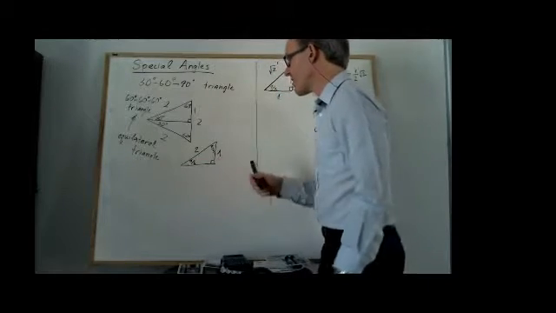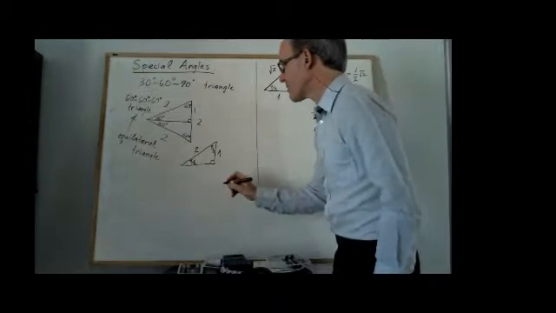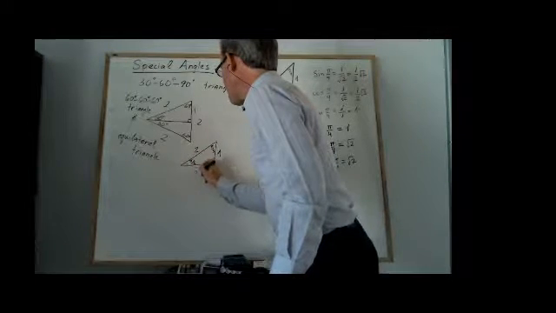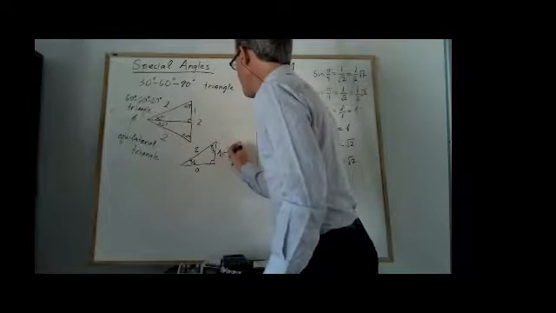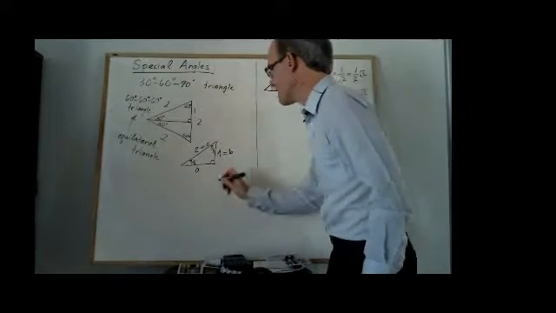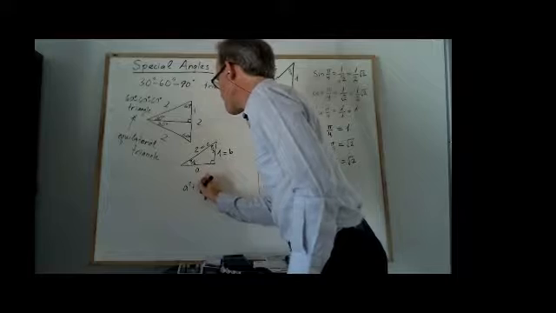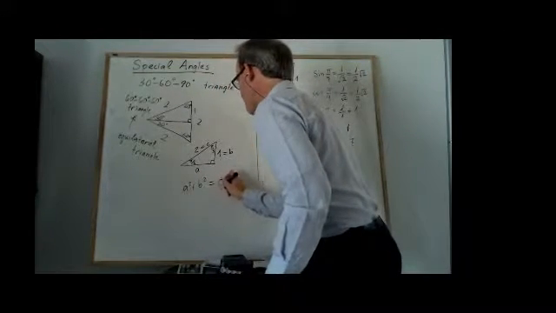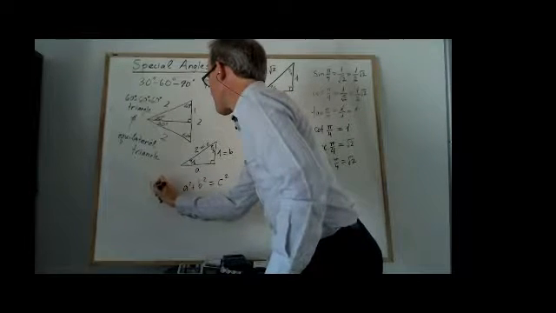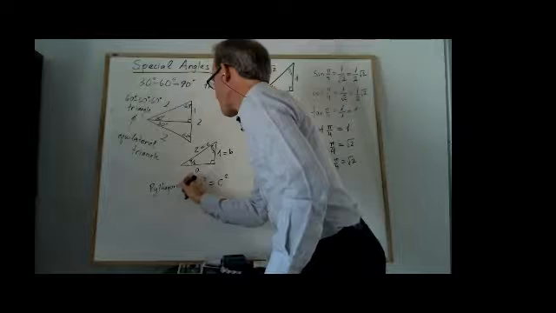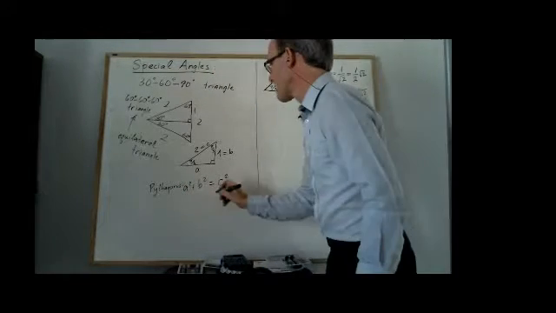What's the third side length? Well, there we can use Pythagoras' theorem again. So this side length is A, this side length is B, and the hypotenuse is 2, which I call C. So again, A squared plus B squared is equal to C squared, by Pythagoras.